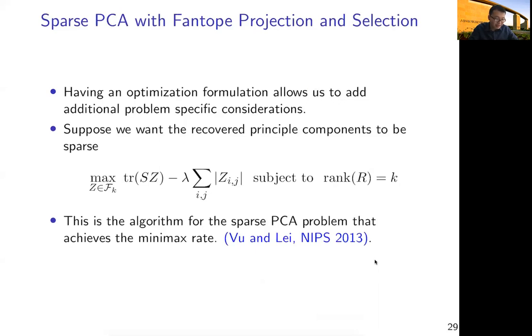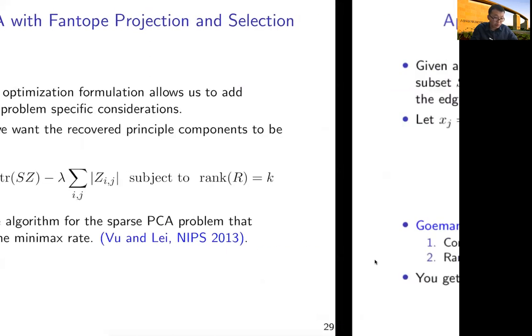By adding some kind of L1 norm of this matrix Z, we can end up solving the problem with the same relaxation of these rank constraints. And the argmax of this optimization formula happens to be the estimator that solves the sparse PCA problem in ways that minimizes the max error. So that's the advantage of having an optimization formulation.